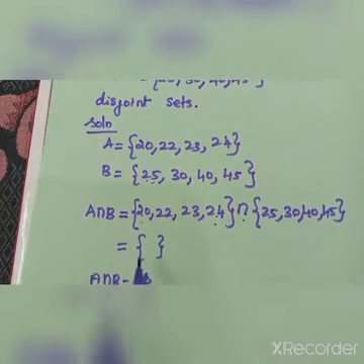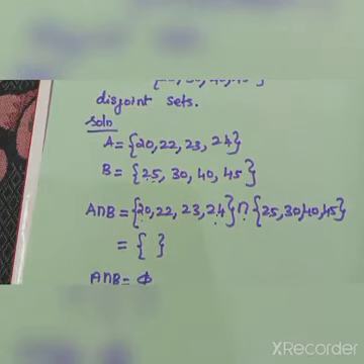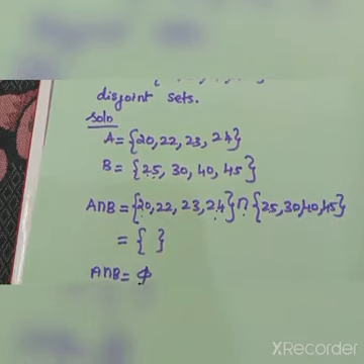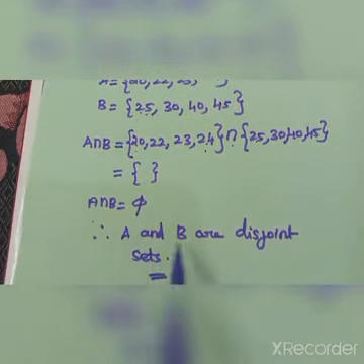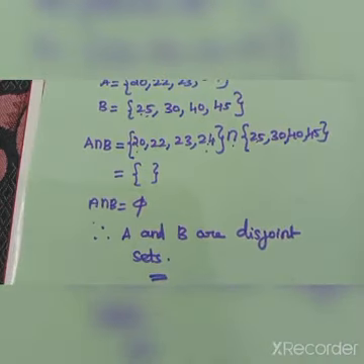No. So it is the null set. A intersection B is equal to the null set, or the empty set. Both have the same meaning, null set or empty set. Therefore, A and B are disjoint sets. Understood, students?